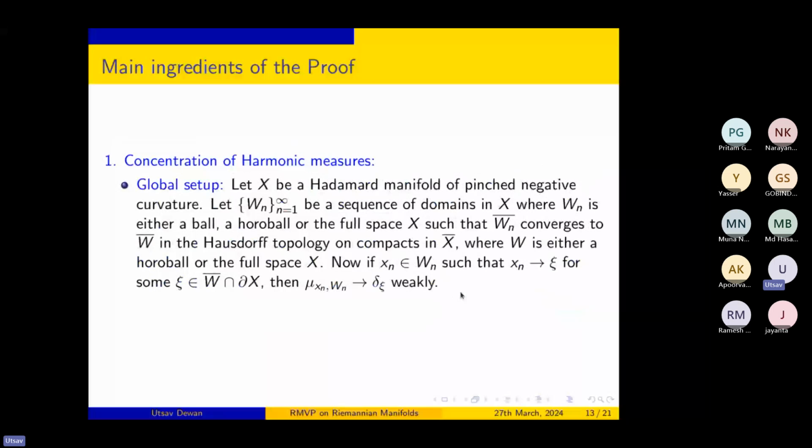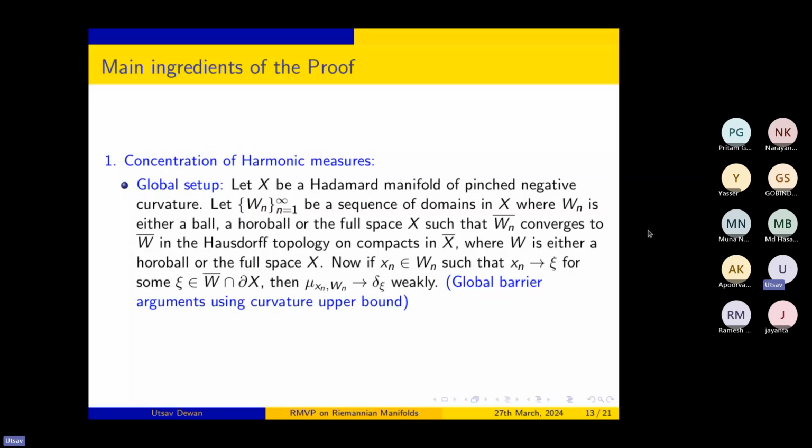But in this setting, we are assuming that the whole of these Wn closures are converging. So we are assuming something more, but in a weaker sense, just in the Hausdorff sense, not in the sense of C2. It's a much weaker sense of convergence of domains, and that would result in the convergence of harmonic measures. And this now follows from a global barrier argument.